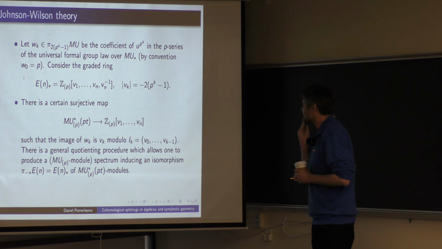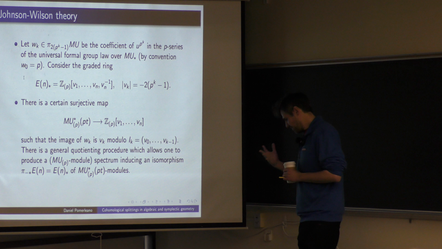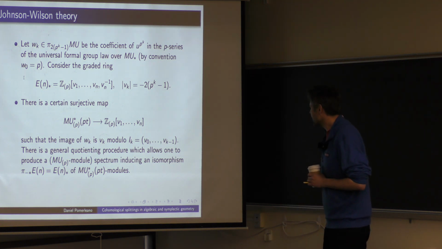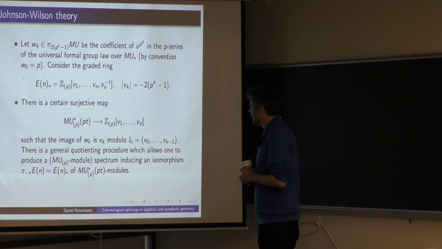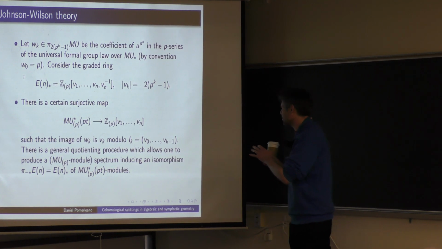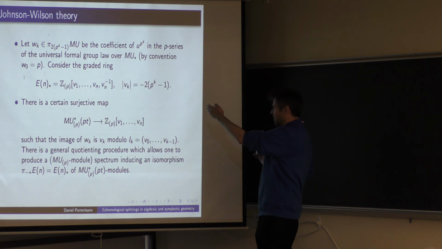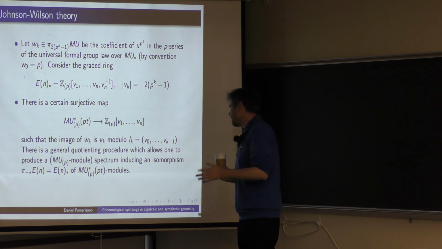The one that's relevant here is called the Johnson-Wilson theory. I can't really get into the technical detail, but you could write down its coefficients, meaning what it is on a point, very explicitly.